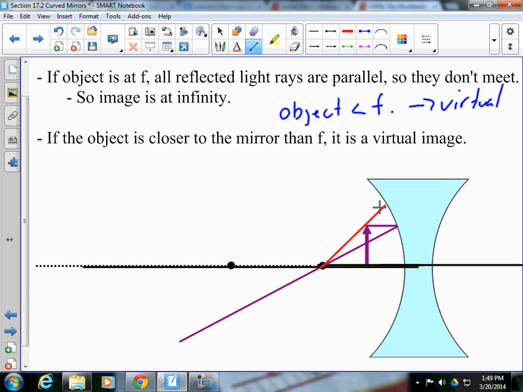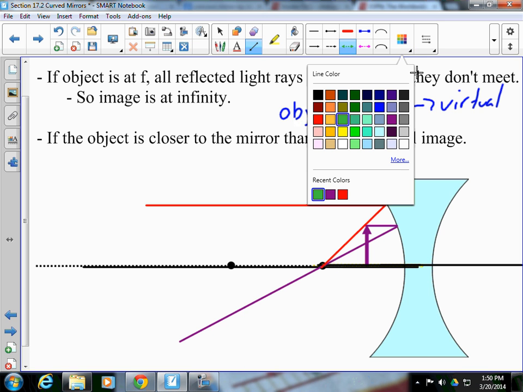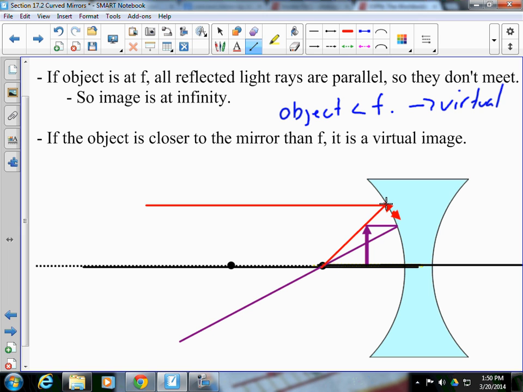Technically, this line would do what? Bounce straight off like this. Are that red and purple line ever going to meet in front of the mirror? No. So what we have to do instead is we have to track those lines. So for example, if the red line would keep going through the mirror, because it really initially bounced off straight, so you could pretend it's going to go through straight.